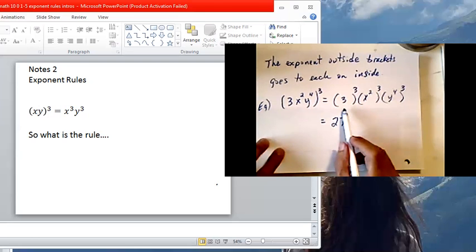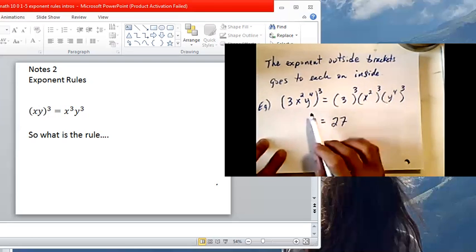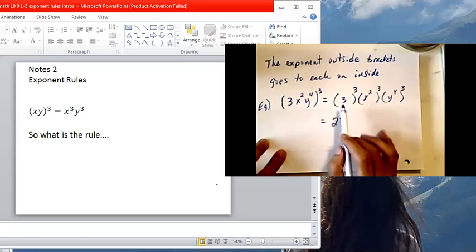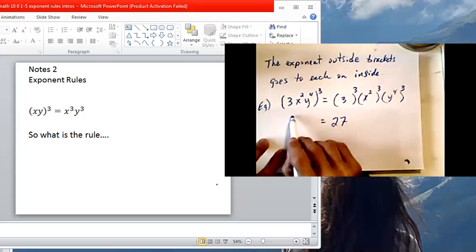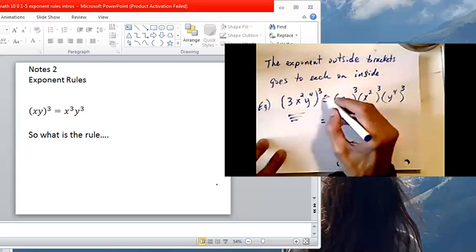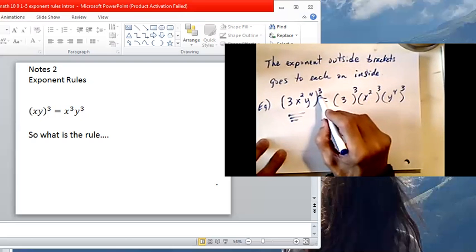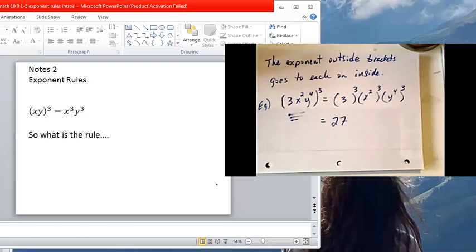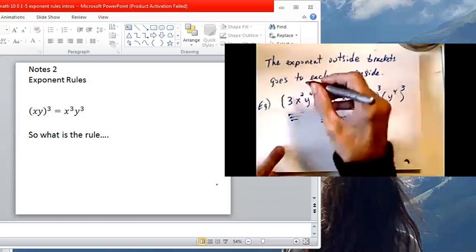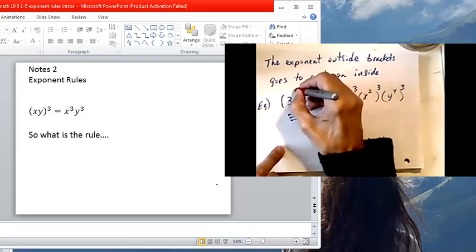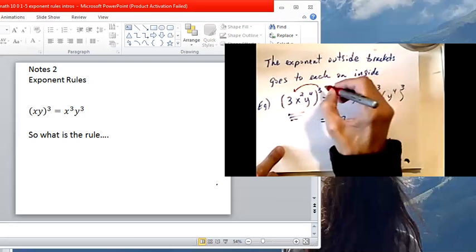No, right? I think I'm confusing. Yeah, that's right. Because the rule is the following here. This is the starting question right there. And what I'm showing is that this exponent 3 on the top, it goes to each thing on the inside. So it goes to the exponent on the 3.